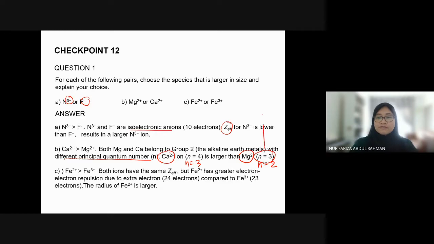N equal to 3 is for magnesium. But as you can see, it decreases by 1 as well. Calcium is 4 and magnesium is 3, so the gap is still 1. That is why we can still use the difference in quantum number.